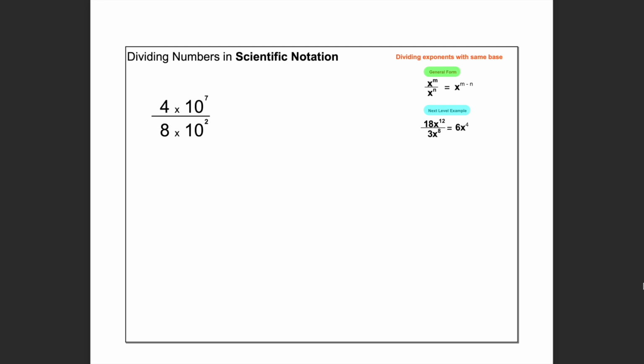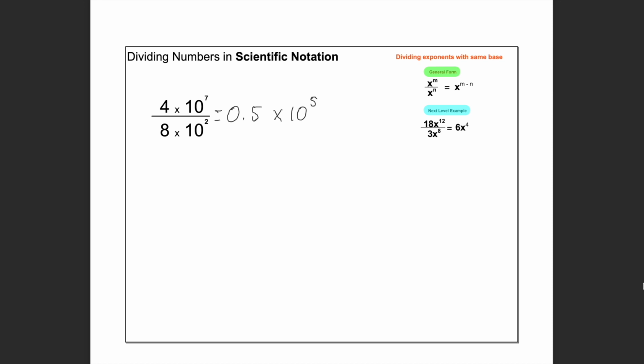So in this case, we're going to get 4 divided by 8 is 0.5. And then 10 to the 7th over 10 squared, 7 minus 2 is 5. So times 10 to the 5th. Now we need to check, is 0.5 between 1 and 10?